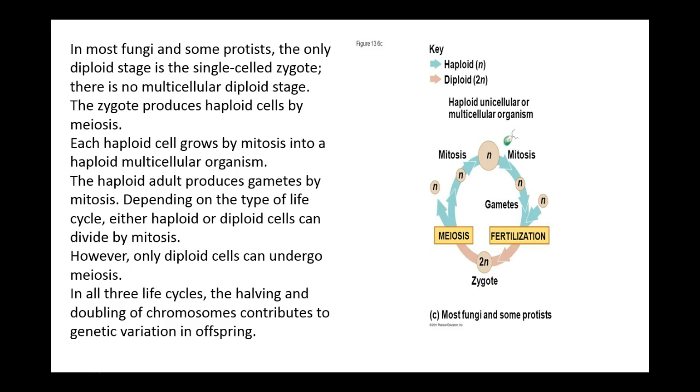So it makes sense that fertilization is always going to be a process of reduction, reducing the number of chromosomes so that the reduced, haploid number can then get together with another haploid and create a diploid. So the cycles, the halving and doubling of chromosomes, contribute to this genetic variation.